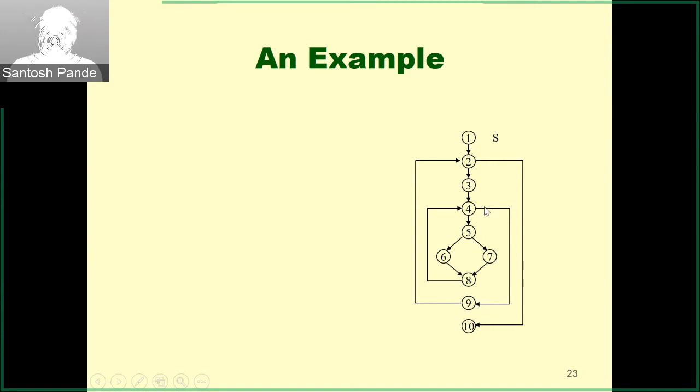Okay, so to summarize this, single entry loops are characterized by their entrances, which dominate the rest of the body of the loop. They're also characterized by the back edges, which bring the control back to the headers from a dominated node back to itself. 9 is dominated here by 2, and it also brings the control back, and so that's why this is called a back edge. So on a forward path, I go from a node which dominates the other node.